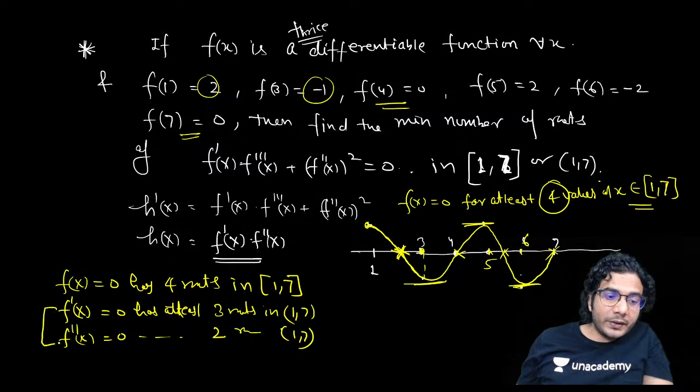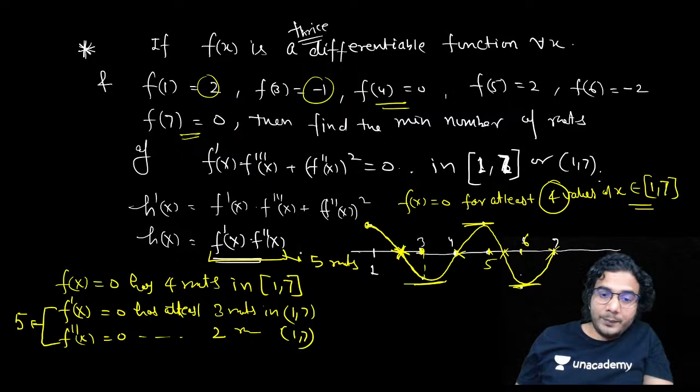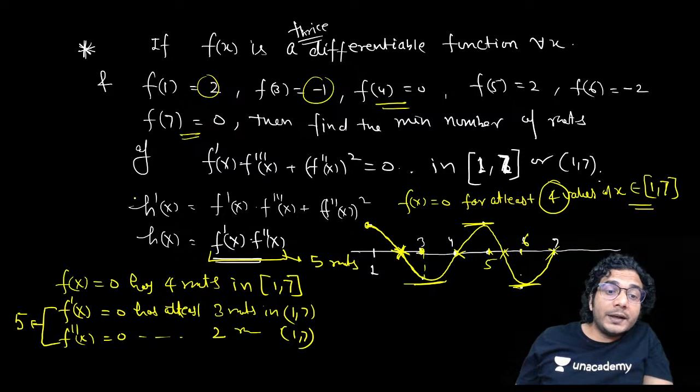So f dash into f double dash will have how many? 5. This will have minimum 5 roots. And because this has 5 roots, h dash will have 4 roots at least.